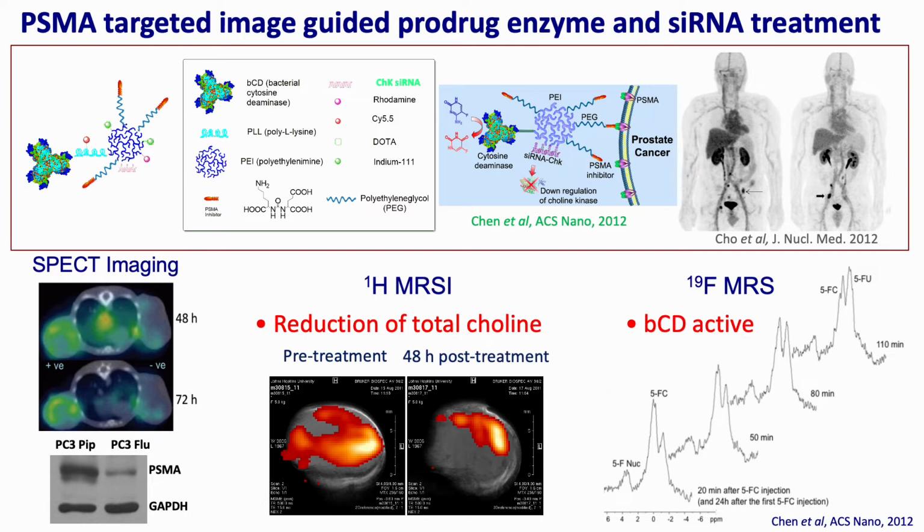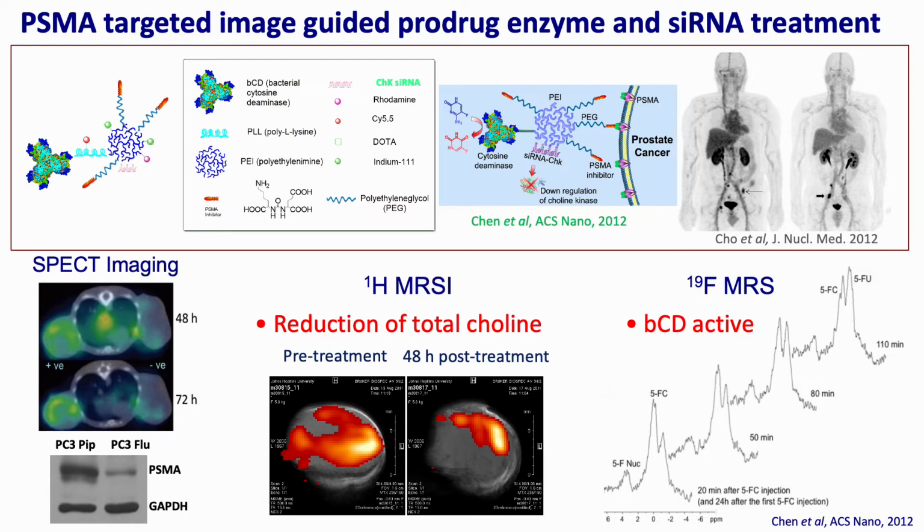And we used indium-111, which is a SPECT, a nuclear imaging agent, to detect this nanoparticle because, as I mentioned before, with MRI, the sensitivity is somewhat reduced, and so with nuclear imaging, we could detect this nanoparticle in the tumors with pretty high sensitivity.